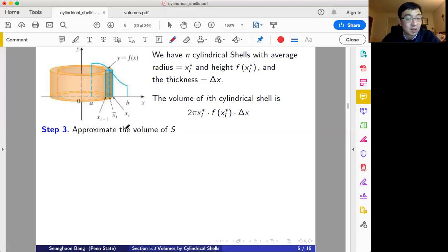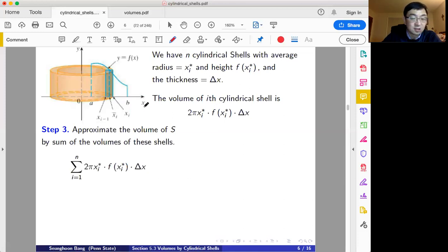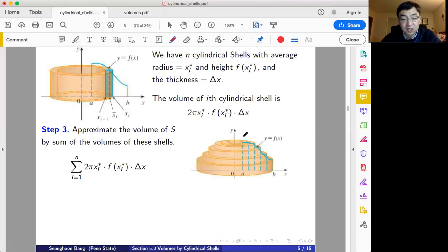Step 3: approximate the volume of S by the sum of the volumes of these shells. So we add all the volumes of these shells. This is an approximate value. How can you find the exact volume?